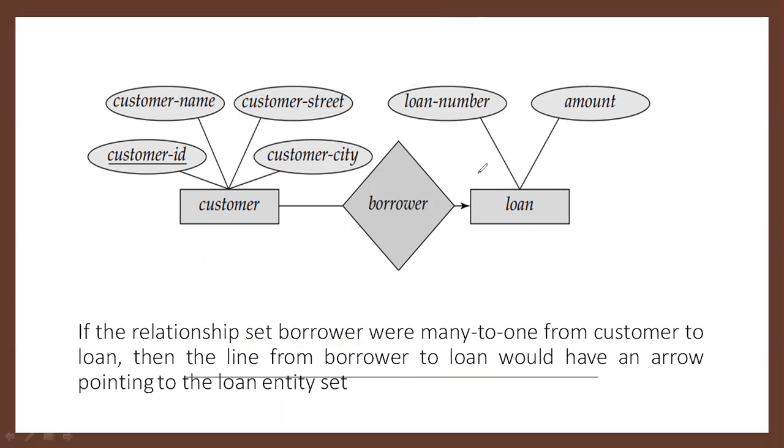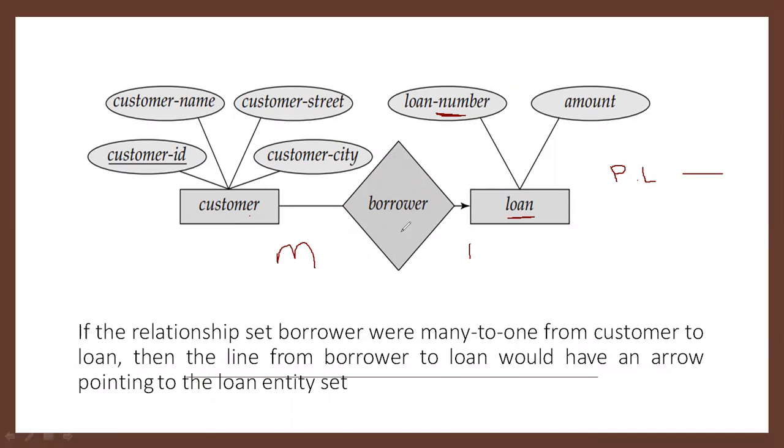Don't worry. If you have any confusion, I'll repeat how this loan is one and how these customers are going to be many. So you can see an attribute here as loan number. One customer can apply for a loan such as a personal loan. His loan number will be something different.